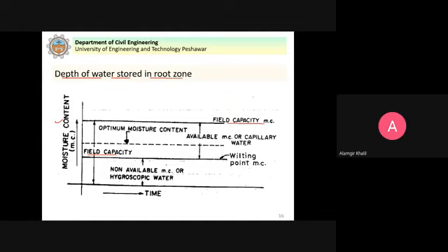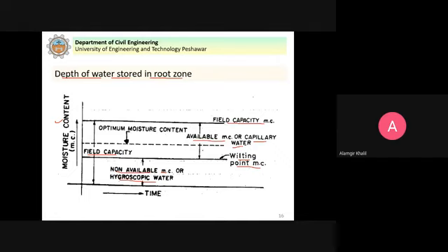Then we have the wilting point moisture content. You can see that this is the moisture content from 0 to this level here. That is non-available moisture content or hygroscopic water. So between the wilting point and the field capacity, we have the available moisture content or the capillary water.